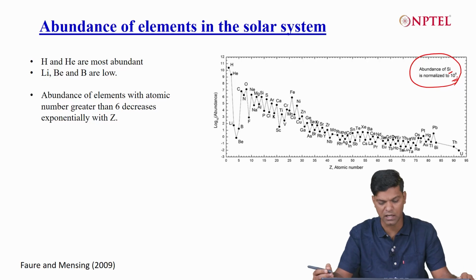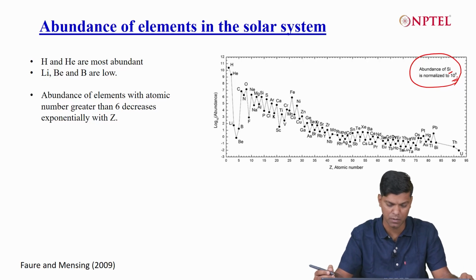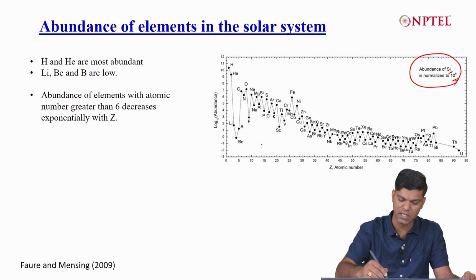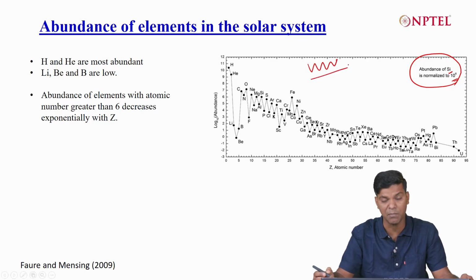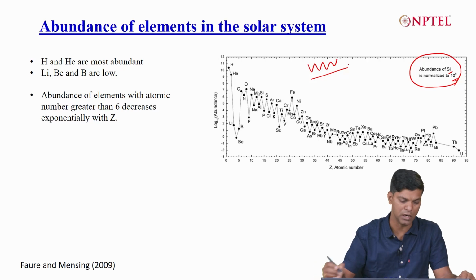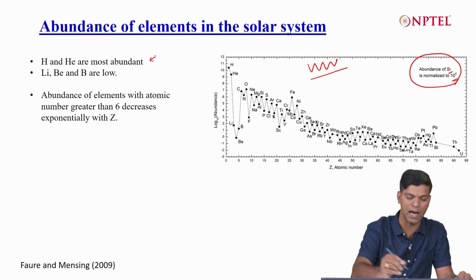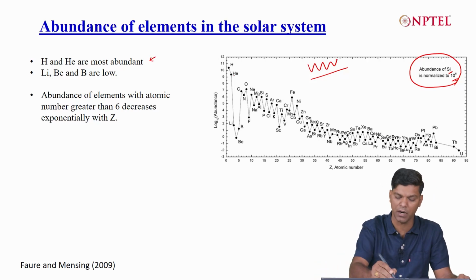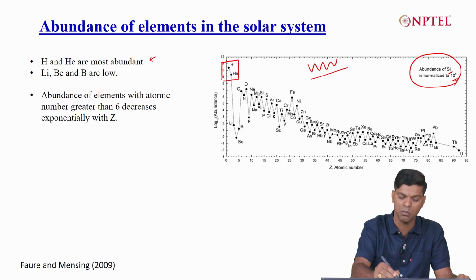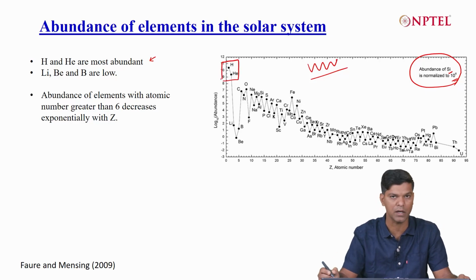If you see the curve more critically, you will observe a lot of seesaw kind of patterns in the elemental abundance in our solar system. Most importantly, you should notice that hydrogen and helium are the most abundant ones. So, these two are the most abundant elements that you find in our solar system.